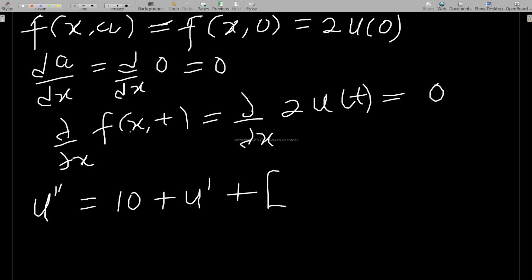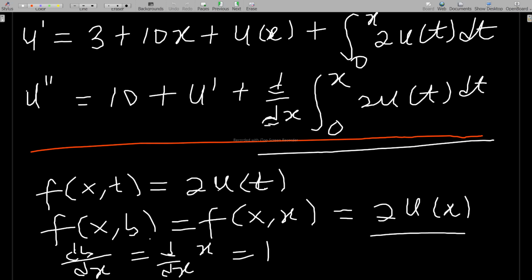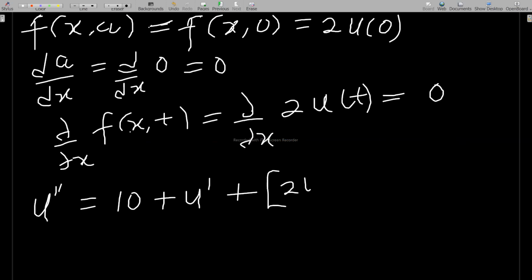So what is my f(x,x)? It is 2u(x), times the differential, which is 1, so I have 2u of x, or I can just call it u. Then minus f(x,a) times its differential, that is 0. So 0 times 0 becomes 0.